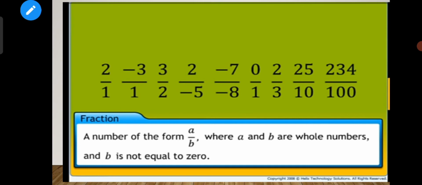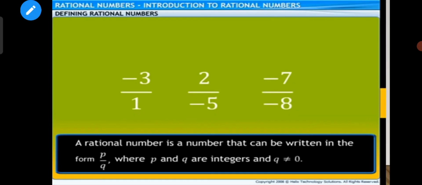Therefore these numbers are not fractions. So what we conclude is that all fractions are rational numbers, but all rational numbers are not fractions. The numbers which are in the form of p by q, where p and q are integers and q is not equal to 0, such numbers are called rational numbers.